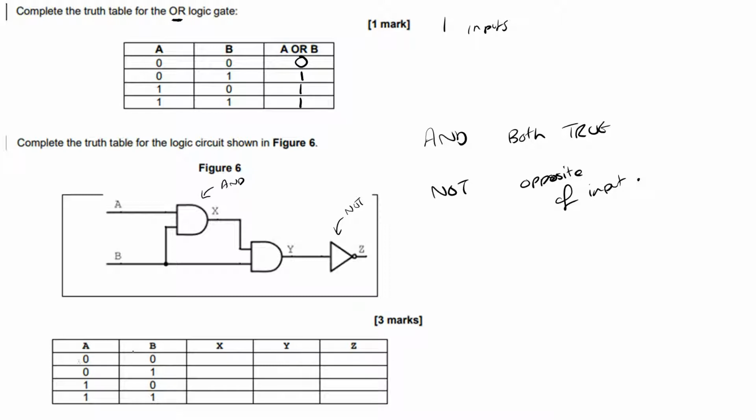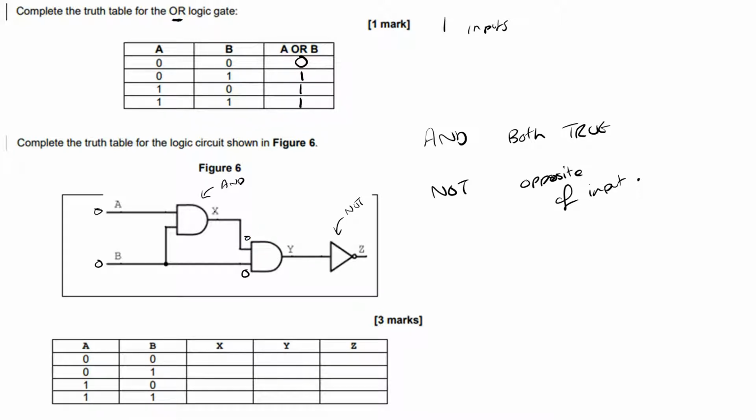So if both of these inputs here are off, including that one, because it's going to spread to that one as well. So let's just see what this is. A little bit confusing. So this is going to be off, this is going to be off, which in turn is going to make that one off and that one off.